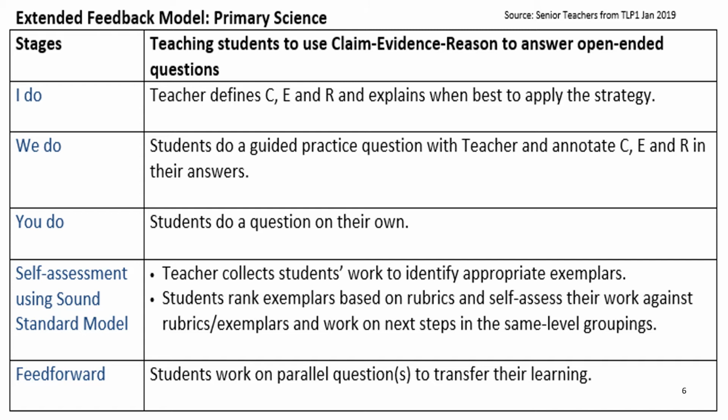During the performance review stage, what the teacher does is to collect students' work to identify appropriate exemplars. Then students rank those exemplars based on standards in a rubric and self-assess their own work against those standards. In same level groupings, whether multi-structural or relational, they work on the next steps that's required. For the feed-forward task, students are given parallel questions to transfer their learning. And such feed-forward opportunities are important to establish that feedback has been effective.